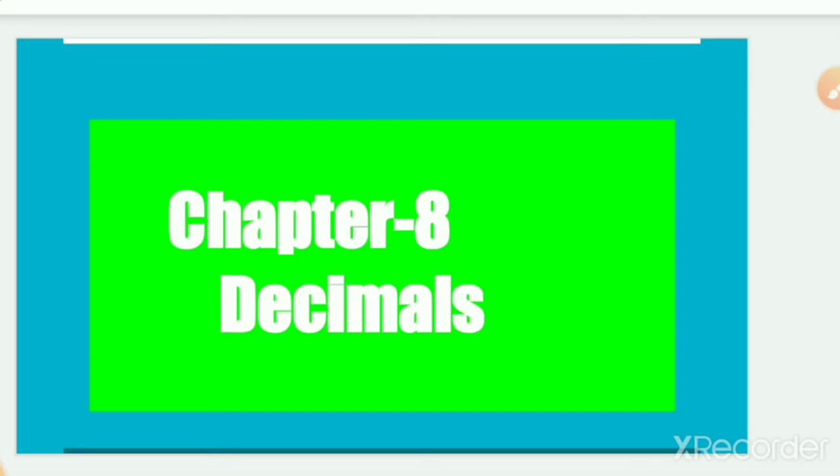We have already discussed how to represent decimals in words, like 0.03 and 1.20, writing the decimals in word form. We have seen how to add decimal numbers.